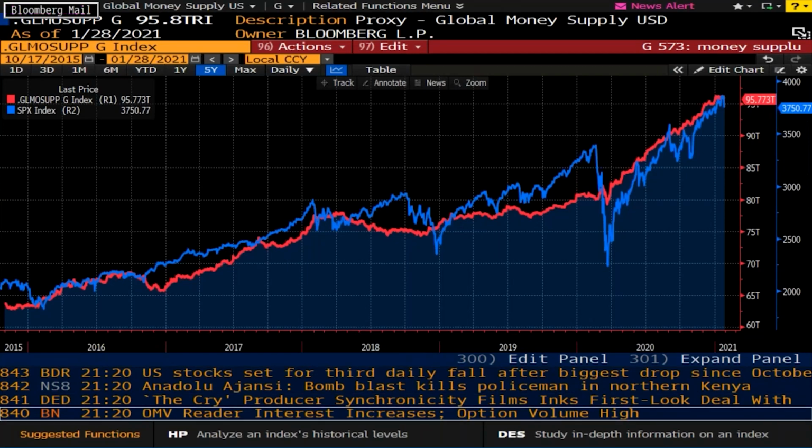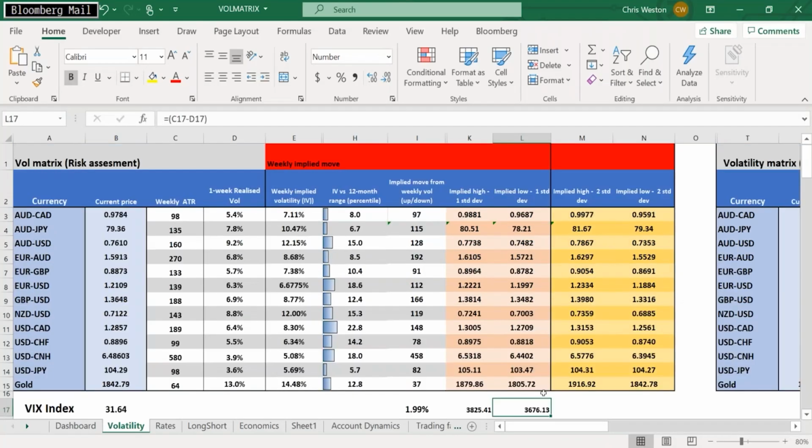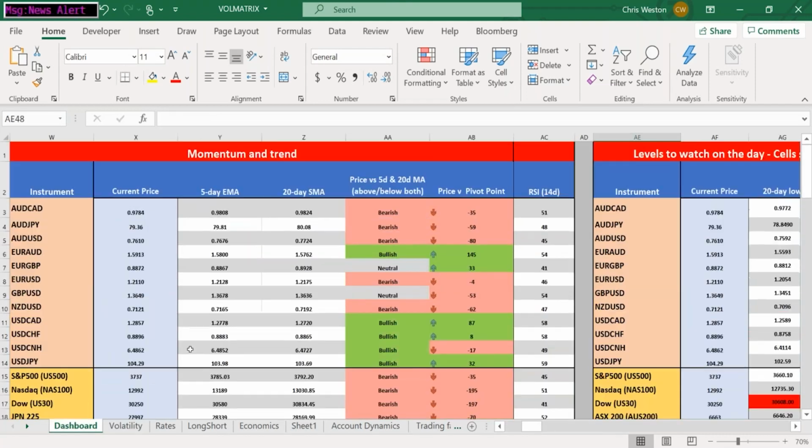Okay, so what I want to have a look at today is how I look at the world in terms of volatility and some of the things that we're looking at. This is a spreadsheet that we put out to clients on a regular basis.